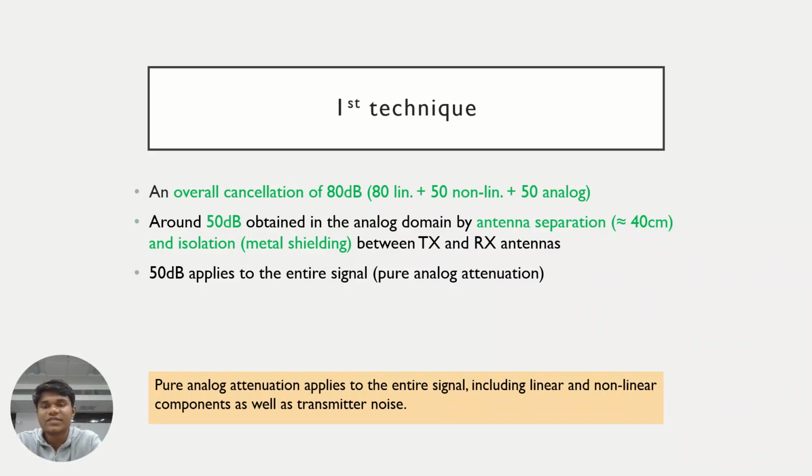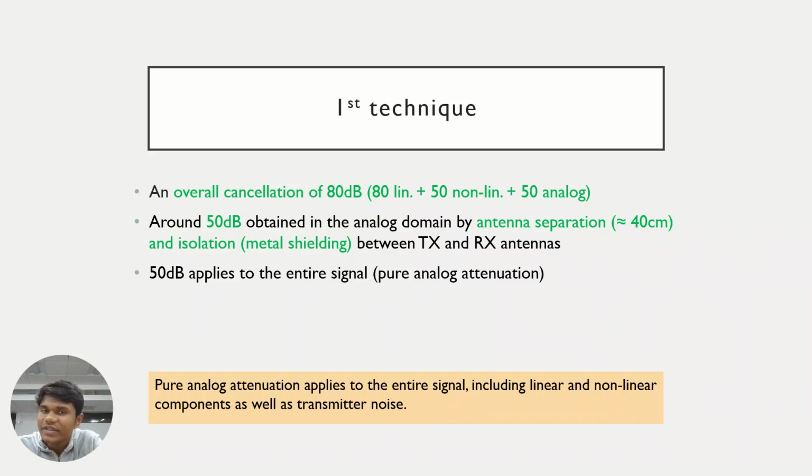The breakup is given here, and in this 80 dB, 50 dB is obtained in the analog domain by antenna separation. The two antennas which were transmitting and receiving the signals are physically separated 40 centimeters apart, and they too are isolated using some sort of metal shielding to achieve this 50 dB of analog cancellation.